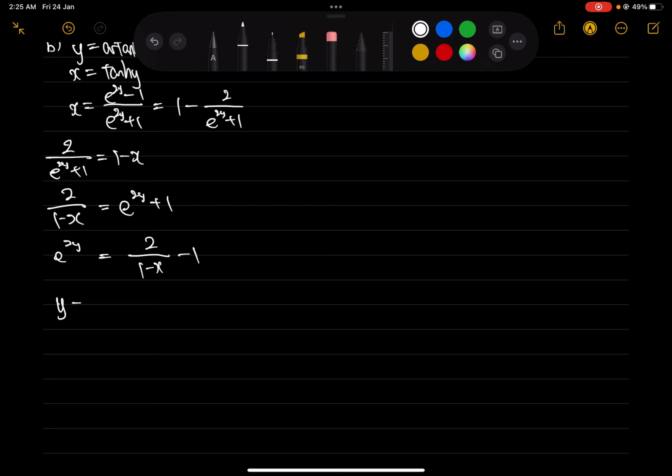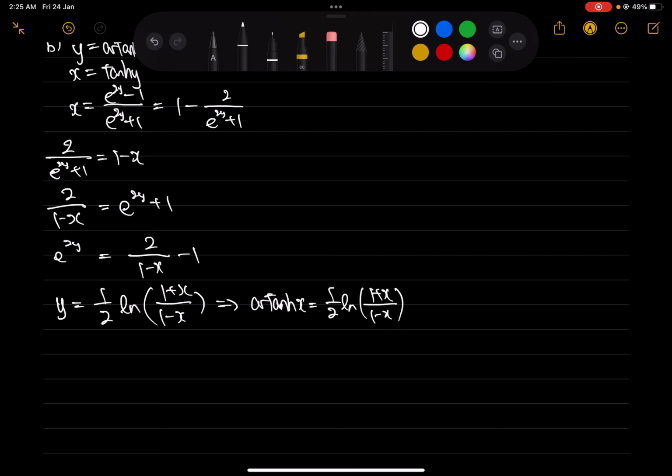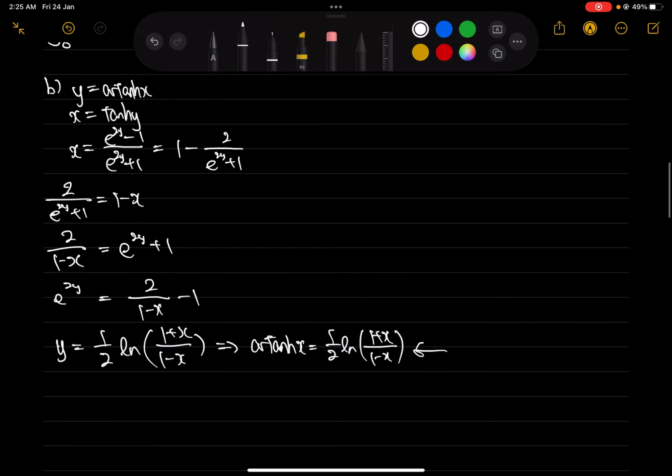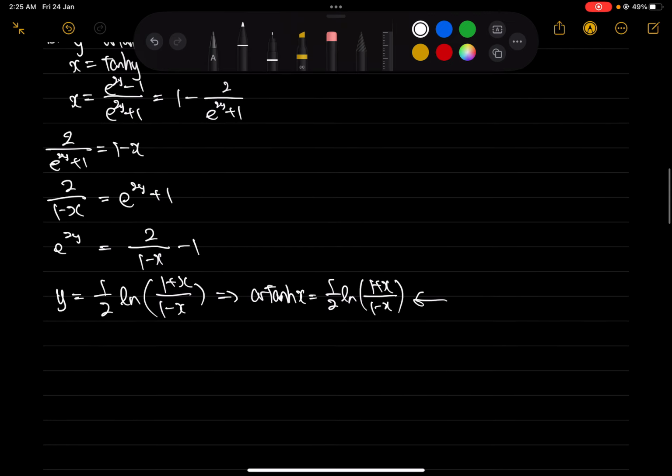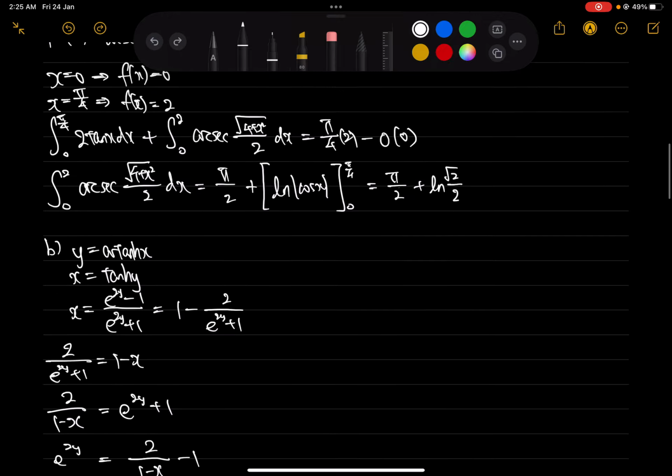So y is 1 over 2 natural log of that, which is 2 minus 1 minus x is 1 plus x. So now we find this form, which will be useful in this question because this function is just simply much easier to understand.